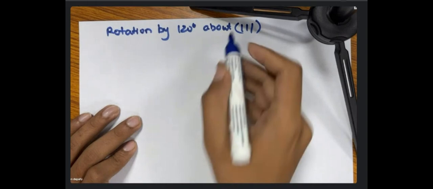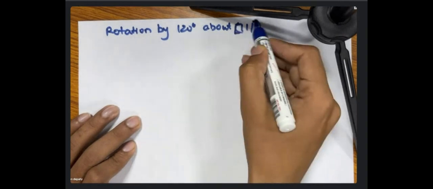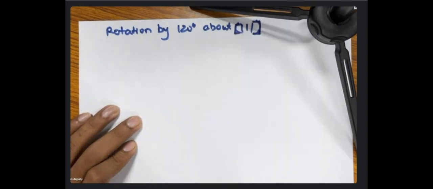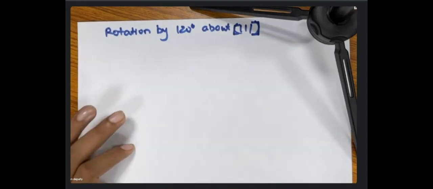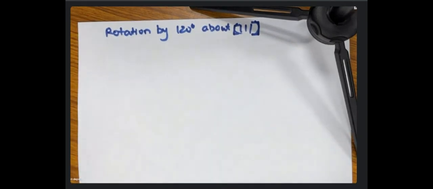Sorry, it shouldn't be in this particular type of bracket, it should be in the box since it is a direction. Let's draw a cube.